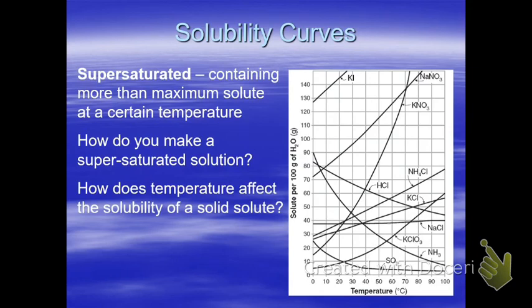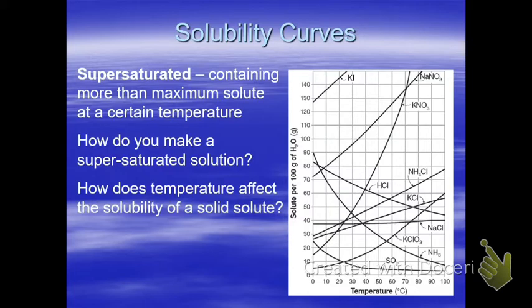So let's look at this. It says, how does temperature affect the solubility of a solid solute? Well, guys, I will tell you that every line on this graph that has a positive slope is a solid solute.